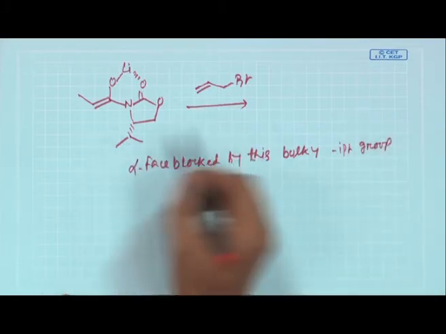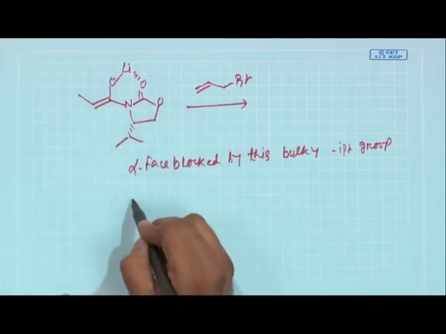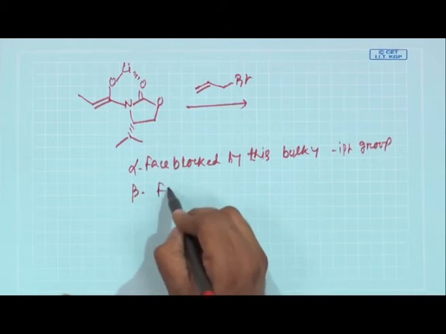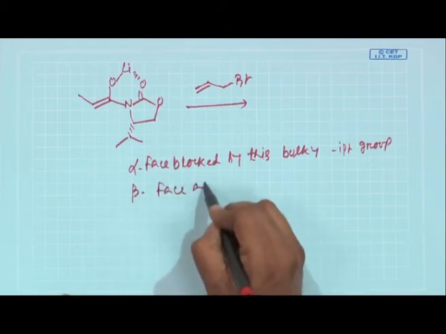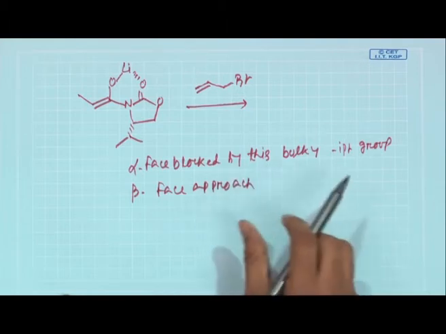Then your incoming electrophile only will get the beta face approach. Eventually, this explanation will be quite clear if you use a simple ball and stick model.